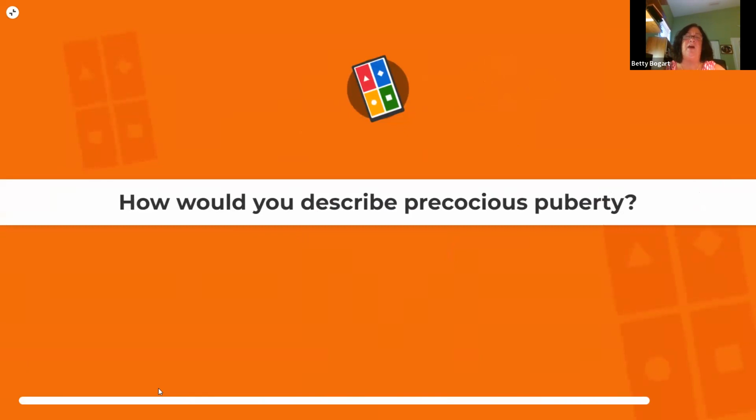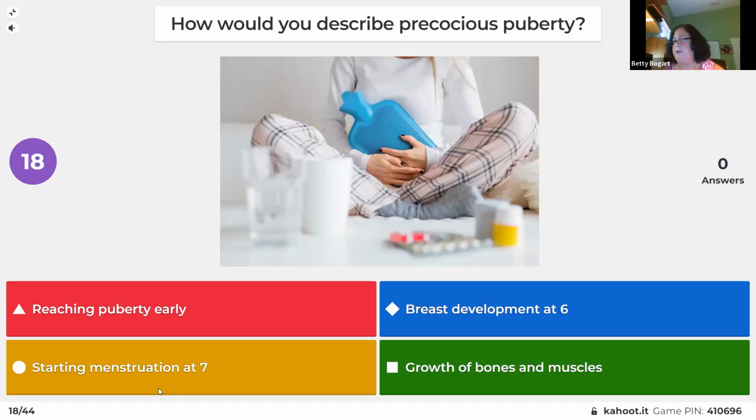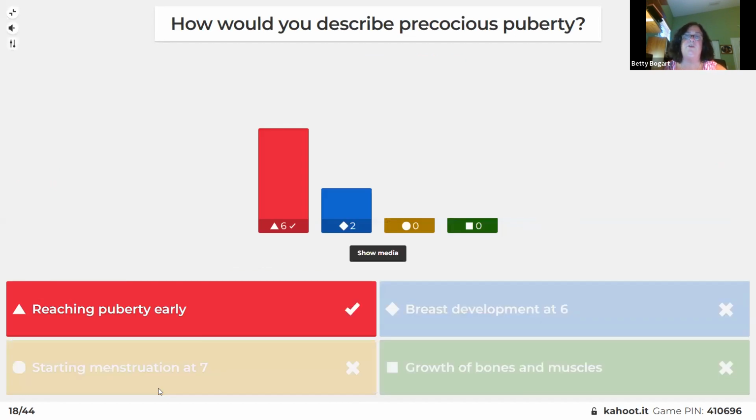How would you describe precocious puberty? And these are all hormones that I'm talking about. So precocious puberty is when you reach puberty early.